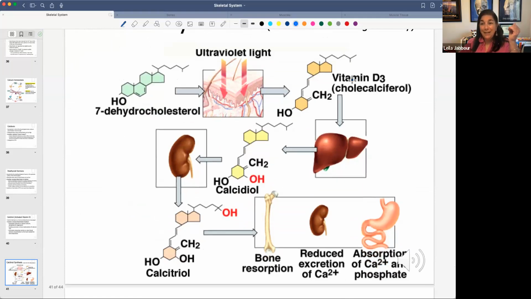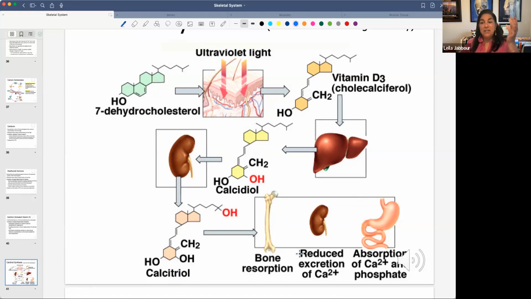Vitamin D3 is really important to the formation of vitamin D. This is what you see in supplements. It's the precursor that will be transformed into calcidiol in the liver and transported to the kidneys. And finally, in the kidneys, we have the final form of vitamin D, which is called calcitriol.